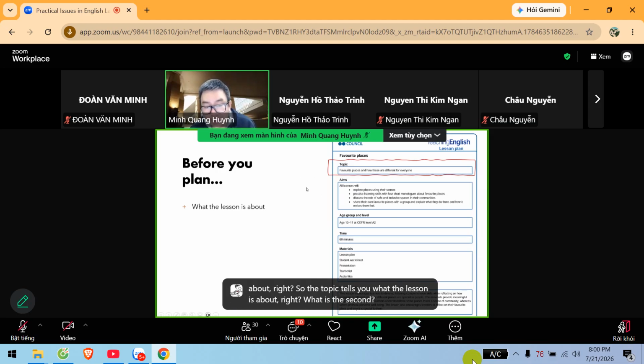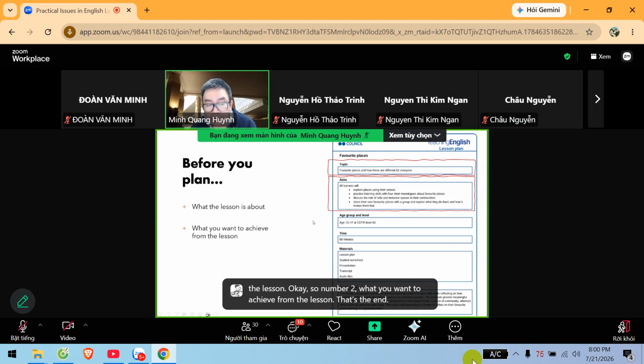You see here, the aims, or the goals or the objectives. They are the same. So what you want your students to be able to do, what you want to achieve with your students from the lesson. So number 2, what you want to achieve from the lesson, that's the aim.